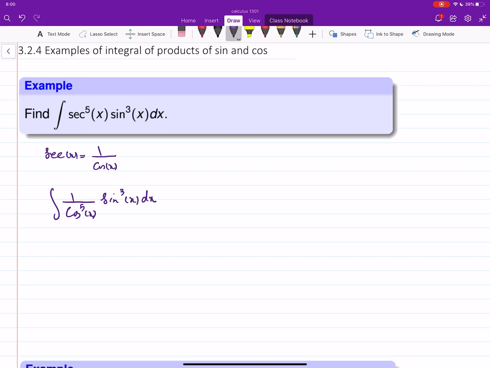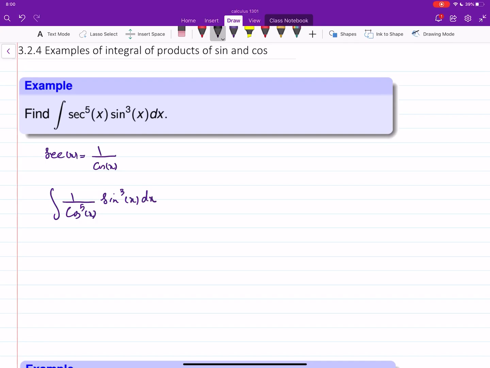When one of the powers is odd, remember that we can use the substitution u equal to sine x or u equal to cosine x. Here, the power of cosine is negative, but since the power of sine is positive and odd, we can't do the exact same trick here.